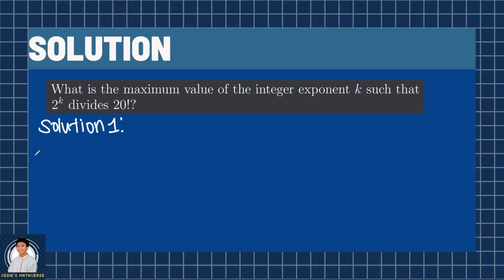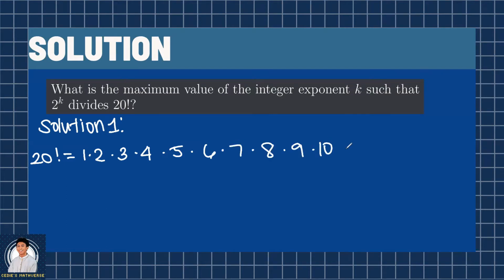20 factorial, as we know, is 1 times 2 times 3 times 4 times 5 times 6 times 7 times 8 times 9 times 10 times 11 times 12 times 13 times 14 times 15 times 16 times 17 times 18 times 19 times 20.